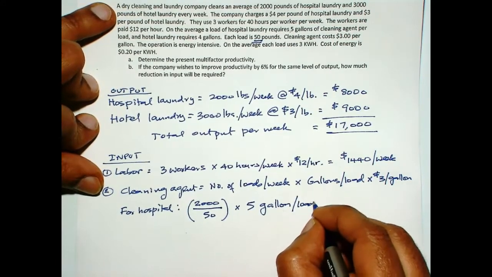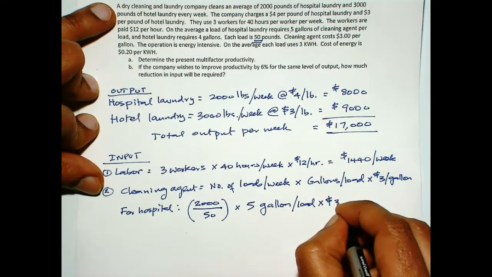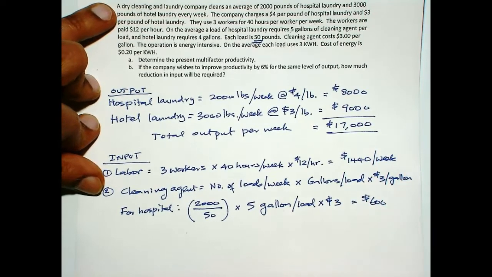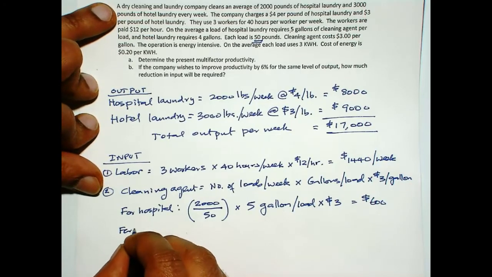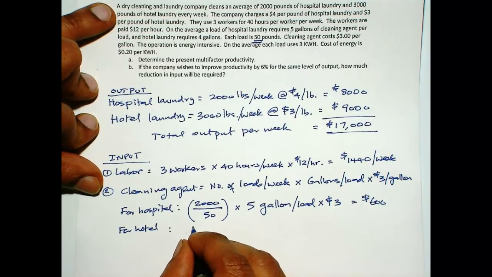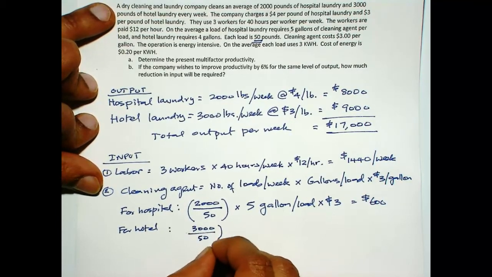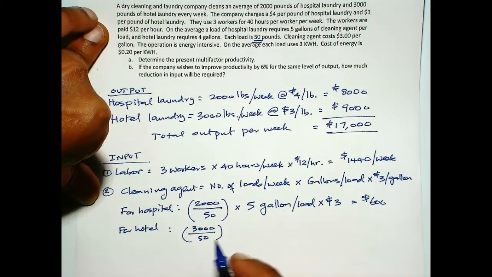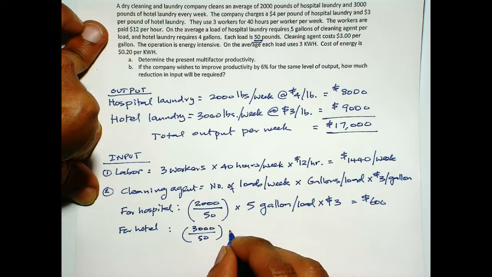Now for hotel, we have 3,000 pounds and 50 pounds per load. So that gives us the number of loads, times 4 gallons per load, times $3.